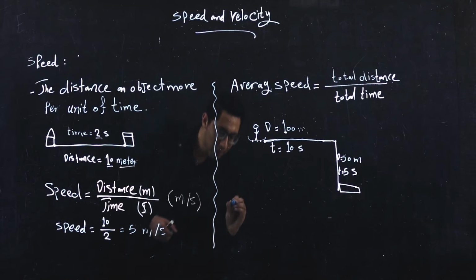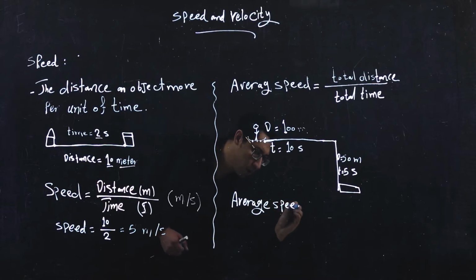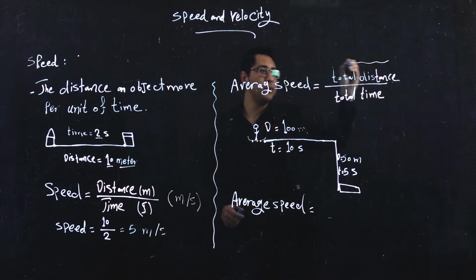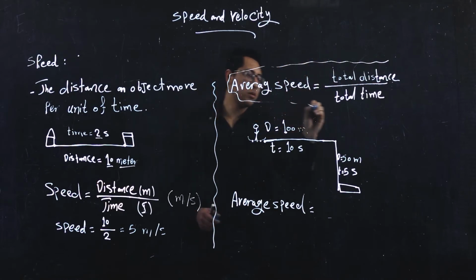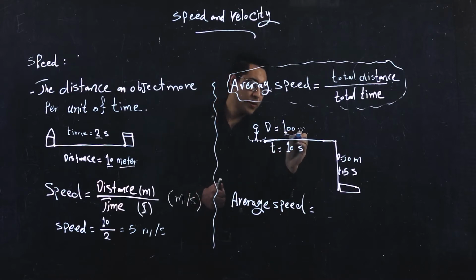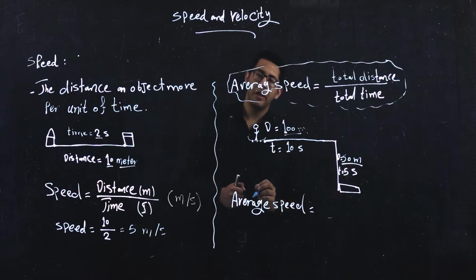So average speed equals what? We take it here, the average speed equals total distance divided by what? Total time. So let's calculate the total distance. First you move 100 meters, then you move 50 meters.